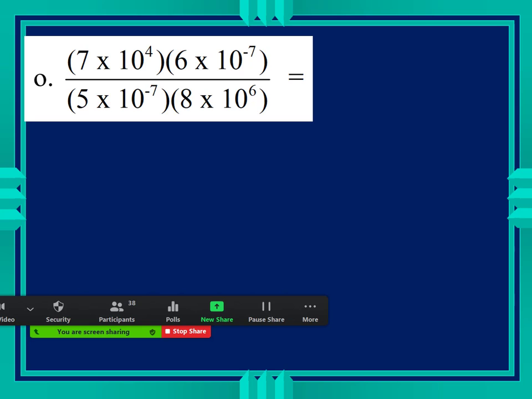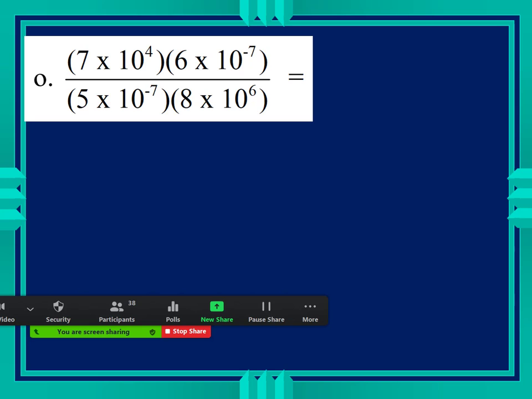Divided by 5 times 10 to the negative 7th. And then the tricky part, that 8's on the bottom, so I push divided by 8 times 10 to the 6th, equals.